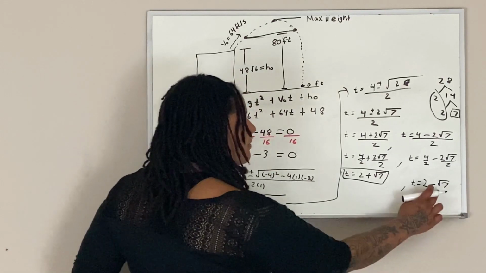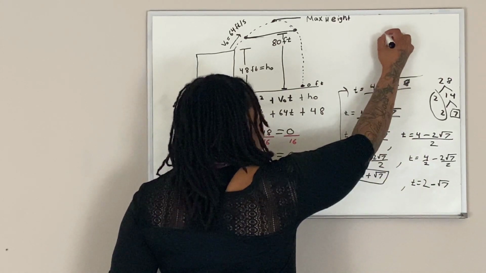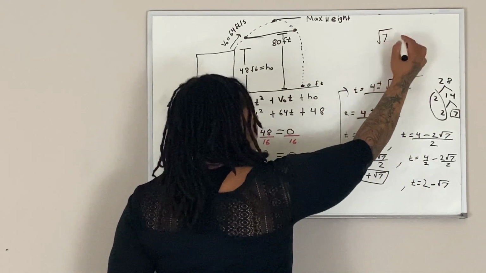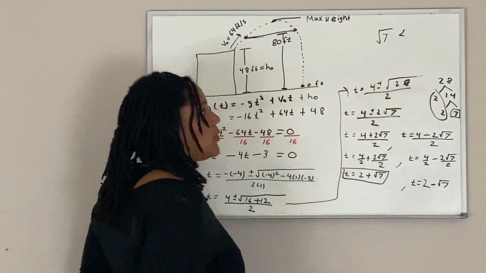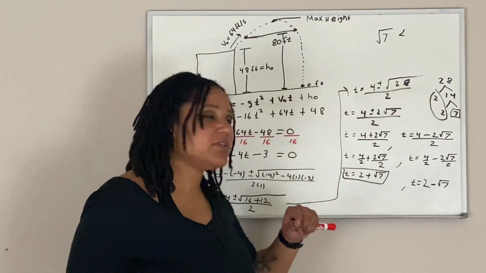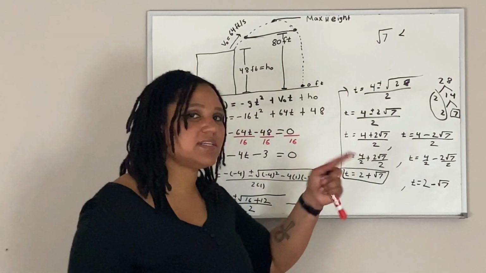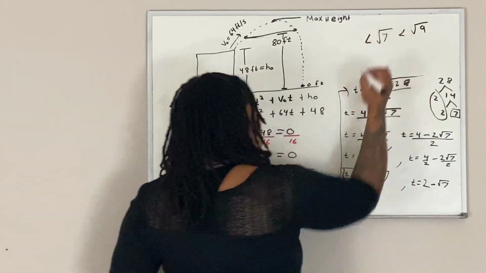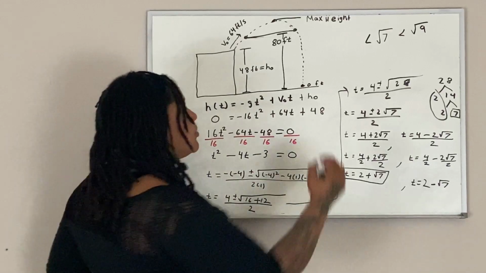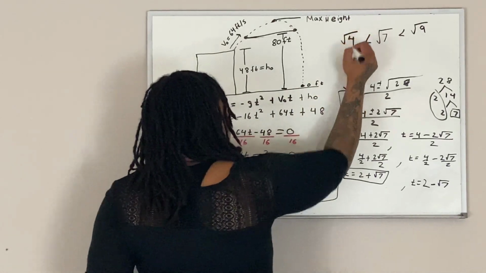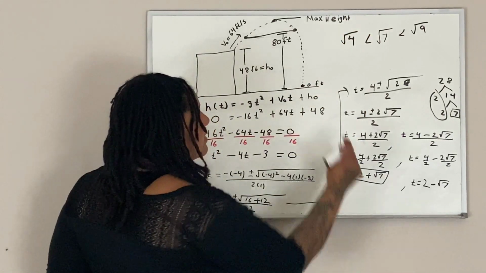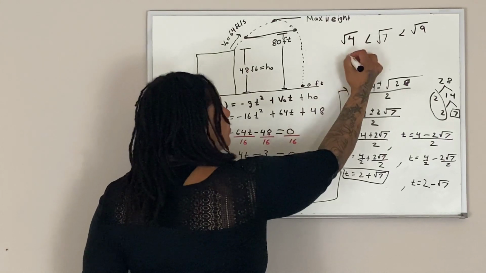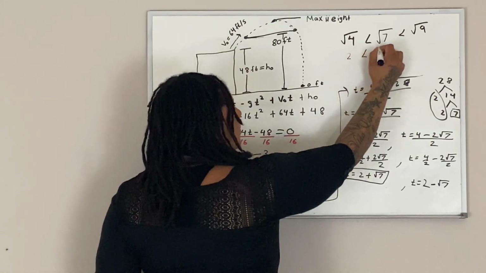Well, you can take the root 7 and think of the perfect square that is bigger than the 7. The perfect square that is bigger than the 7 is 9. And the perfect square that is smaller than 7 is 4. Okay, so what is the square root of 4? The square root of 4 is 2, okay?